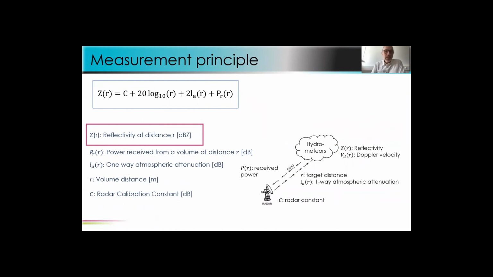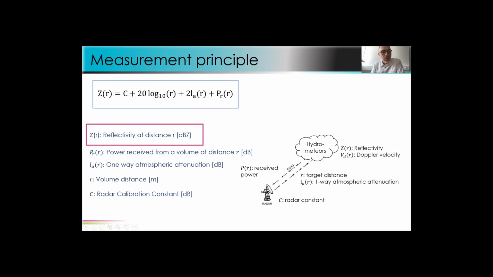So the quantities that we want to measure are the reflectivity of these hydrometeors, as well as their Doppler velocity. The reflectivity is not measured directly. What we measure is actually the power that is received back at the radar through the echo of the emitted signal echoed by the hydrometeors.